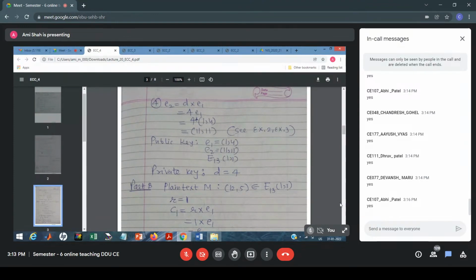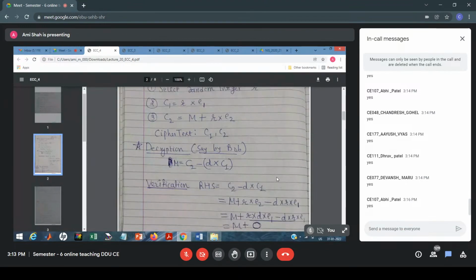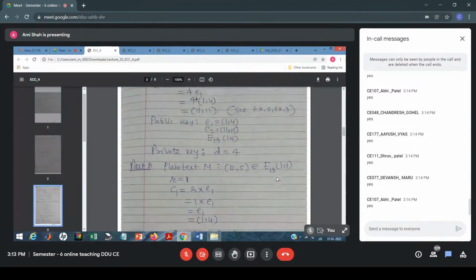Now, all of you know that in encryption, first of all you take any plain text. Here I have written: select a random integer r that you have to take. Now see the example over here. What I'm taking here is plain text M = (12, 5), which belongs to this curve.